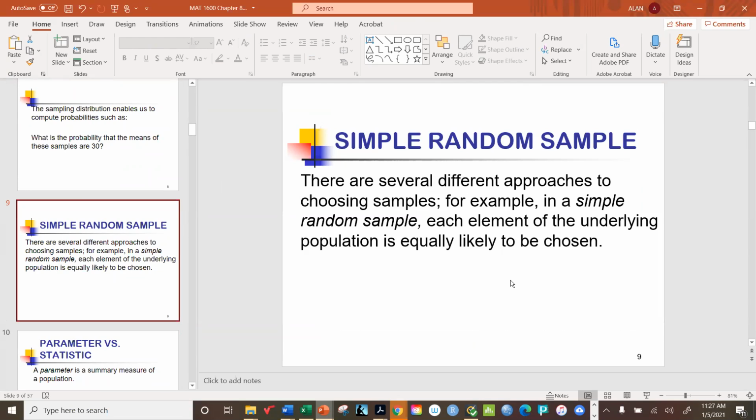In that case, we have what's called a simple random sample. And this is the approach that we'll typically use in this chapter. Everybody is equally likely to be chosen. Now, of course, there are many other kinds of samples that we could choose, but we're not going to do that here.